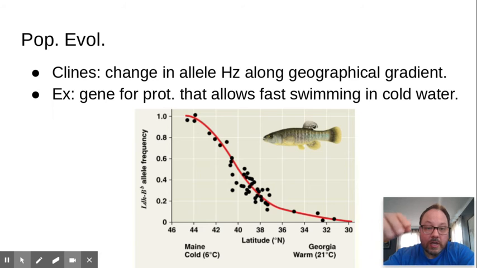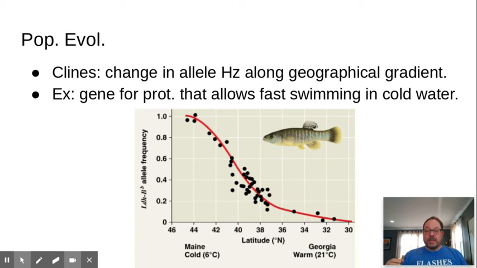So, here they have this fish species, and the frequency of a particular version of a gene found in this fish population is altered based on the temperature of the surrounding waters. So at higher latitudes, where temperatures are cooler on average, a certain version of the allele is much more common than the version of that allele found at warmer temperatures.